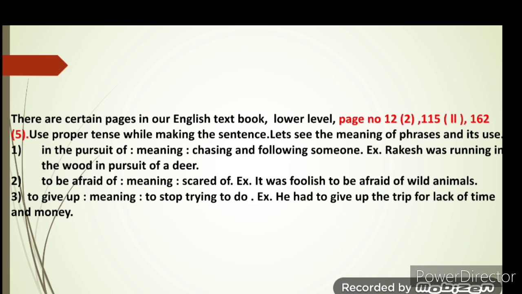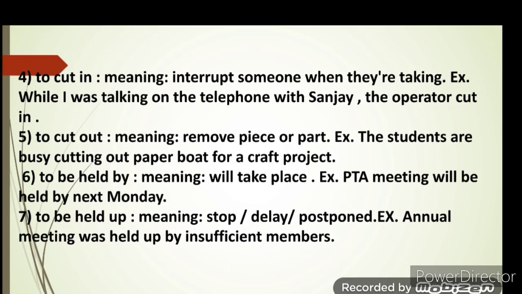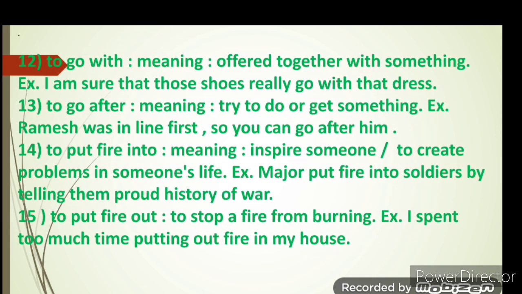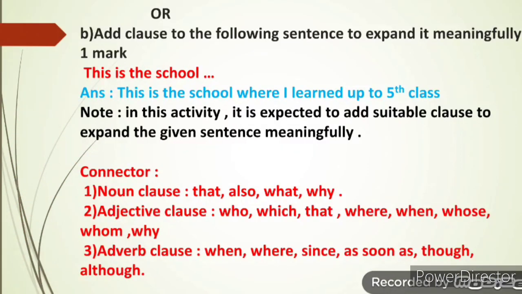It is expected to frame a meaningful sentence by using the given phrase. You can watch my detailed videos about phrases. I have given a link in the description box. Let us see some important phrases, their meaning and use. You can understand.